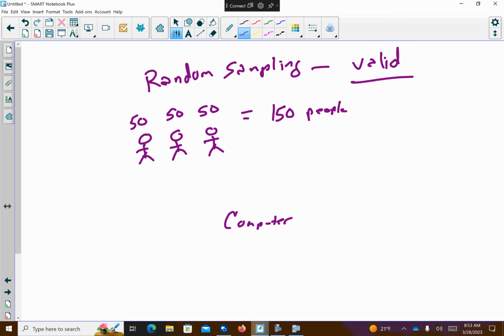So random sampling is so very, very important. When you are reading something, you have to see the wording random sample, a random sample of. And then once you see a random sample of, you can look for other red flags. If you don't see a random sample in there, it's a misleading situation, or the author who wrote the problem or did the study forgot to put it in there.